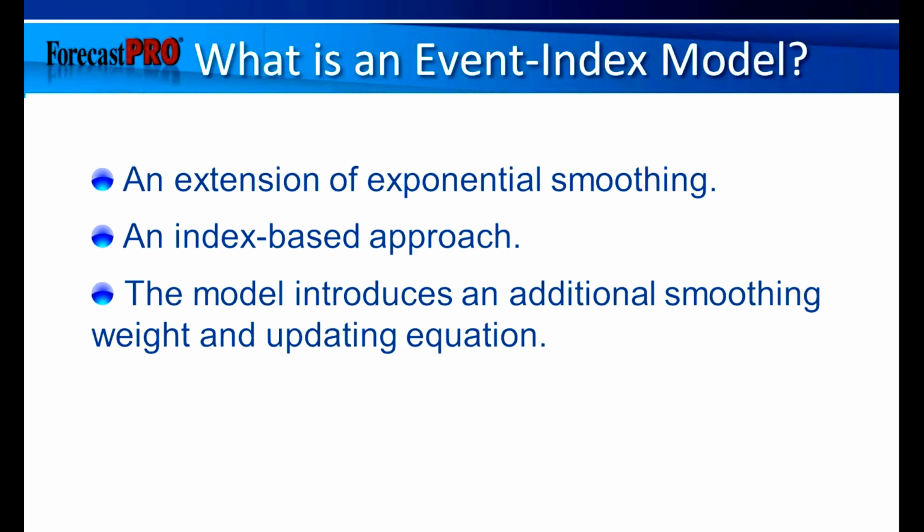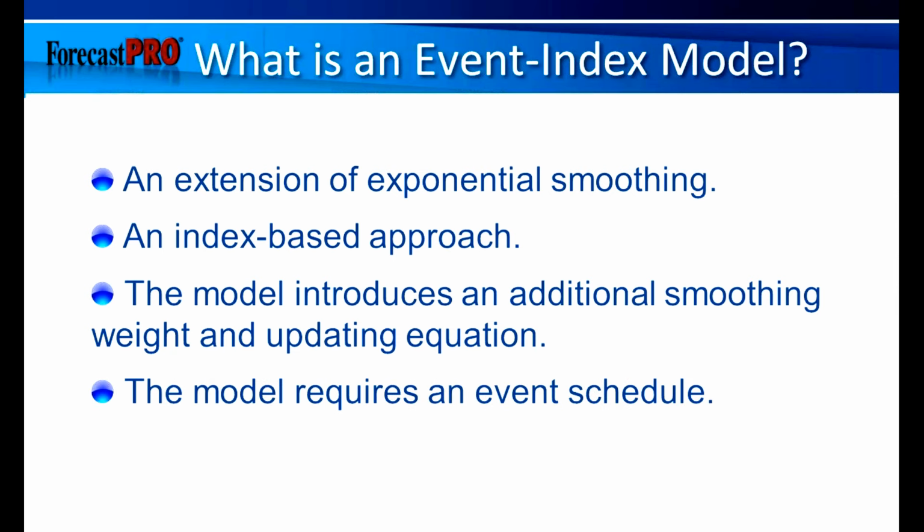As we mentioned, the event component is a fourth component to an exponential smoothing model, which means that we're also introducing additional smoothing weights and updating equations. We're not going to go into a lot of details about how these equations work here, but if you want details on any of this, feel free to reach out to us and we'd be happy to send you some more details.